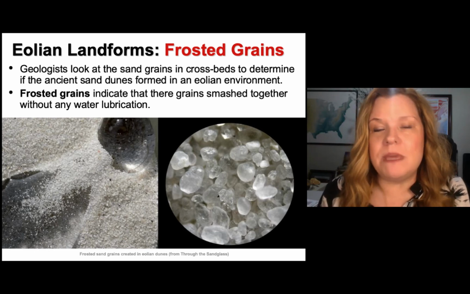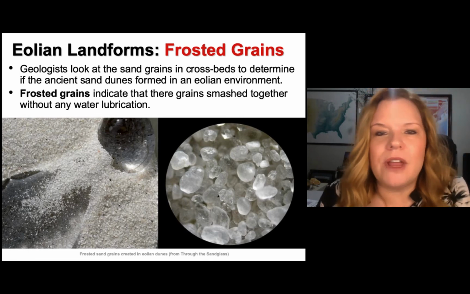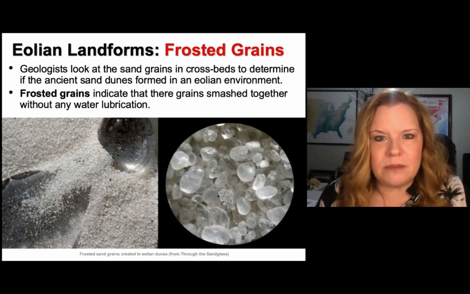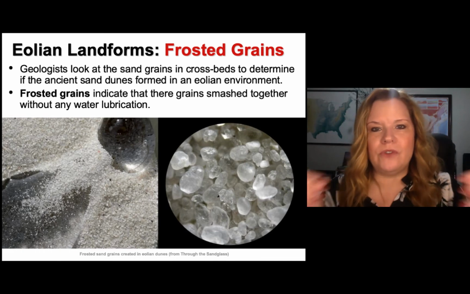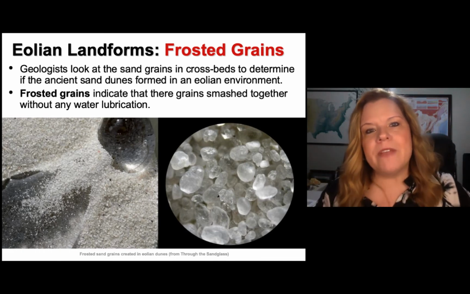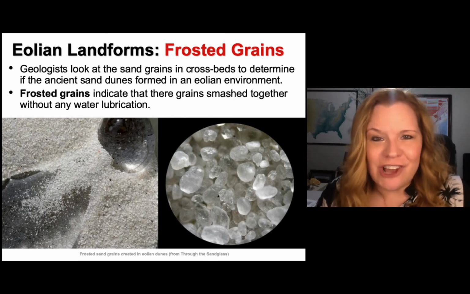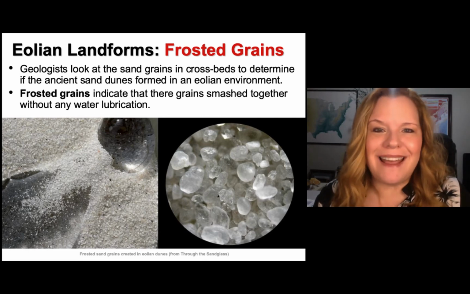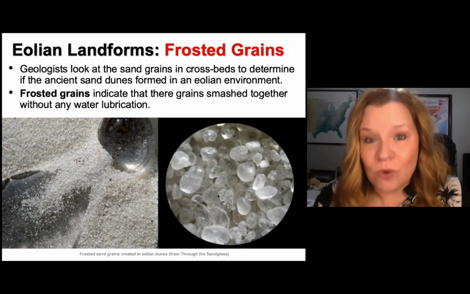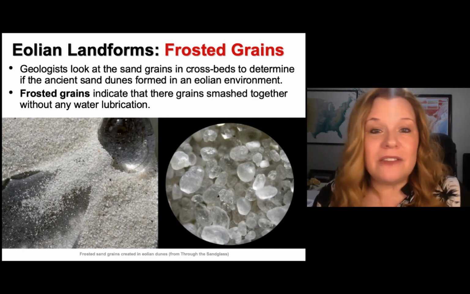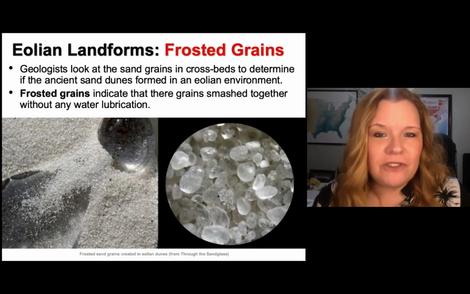So if you have beach sediments that are sand grains, they don't have a frosted appearance typically because they're lubricated by water, so those grains don't smash the same way. And that's one clue that geologists look for to determine if you're looking at sand grains that are from Aeolian or from beach environments.